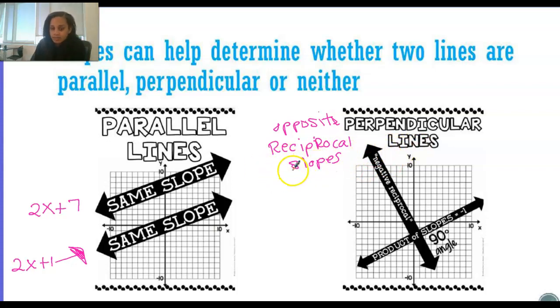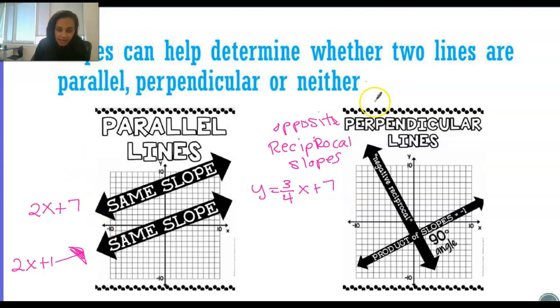Well, with opposite reciprocal slopes, if I can't really go based on this example, I'm just going to tell you. Say my original slope was 3/4, my equation is y equals 3/4 x plus 7.